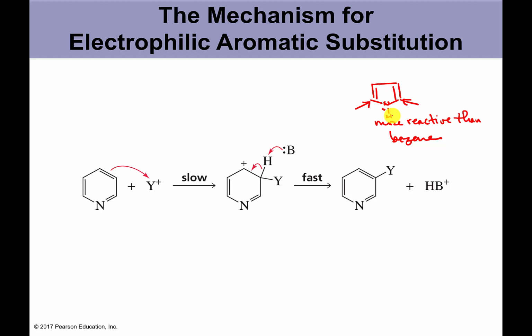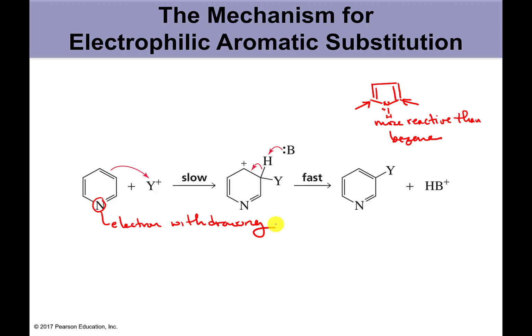The reason we see it in pyridine is because nitrogen in this structure is an electron withdrawing group. Because in its resonance structures, it's more electronegative and can pull electron density out of the ring.